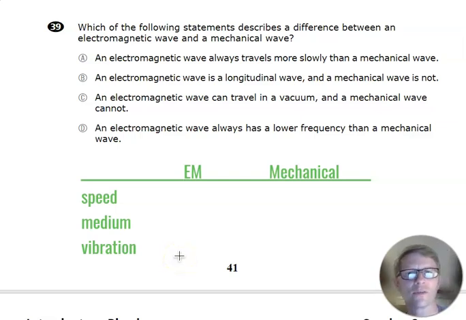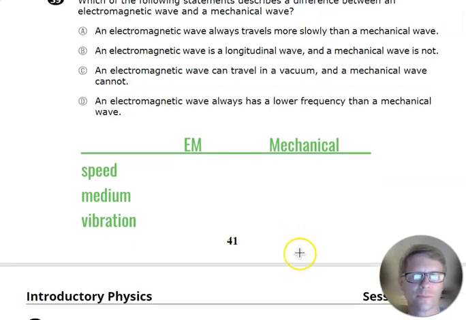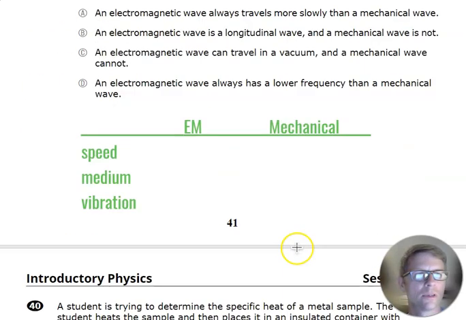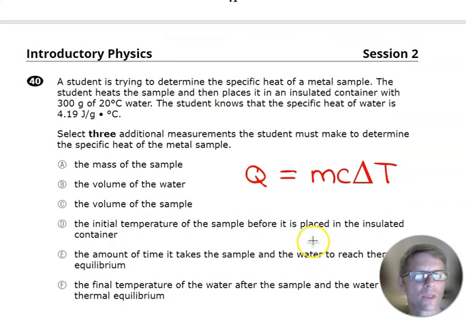Electromagnetic waves, the particles or the fields, they vibrate perpendicular to the wave velocity. But mechanical waves can be transverse, or they can also be longitudinal, meaning the vibration's parallel.